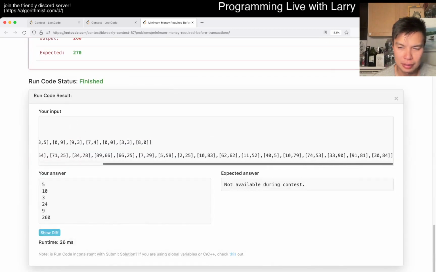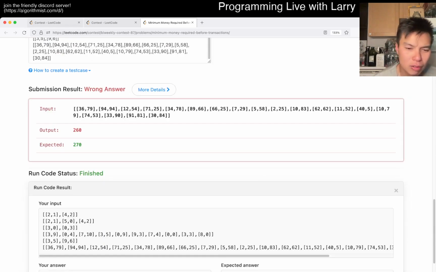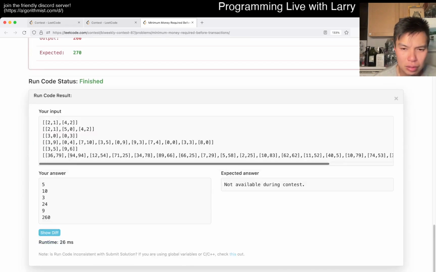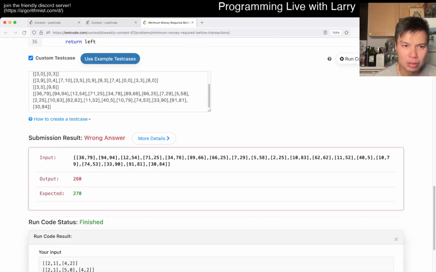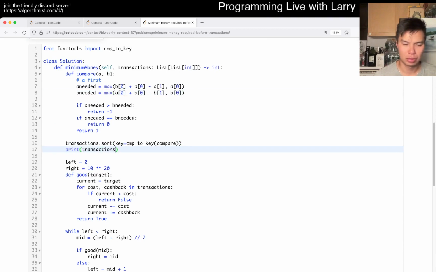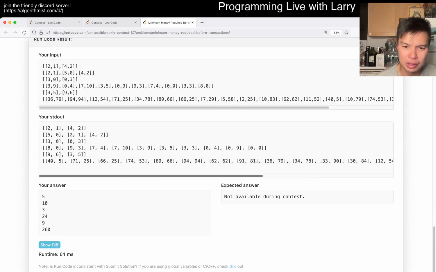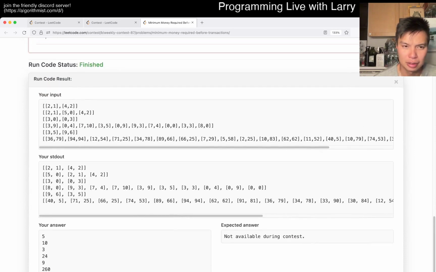What is this n? So we can't really do n factorial. Huh. Well, that's rolling. So I think it's 260, but there's a case in which you can sort this such that it takes 290. Okay.